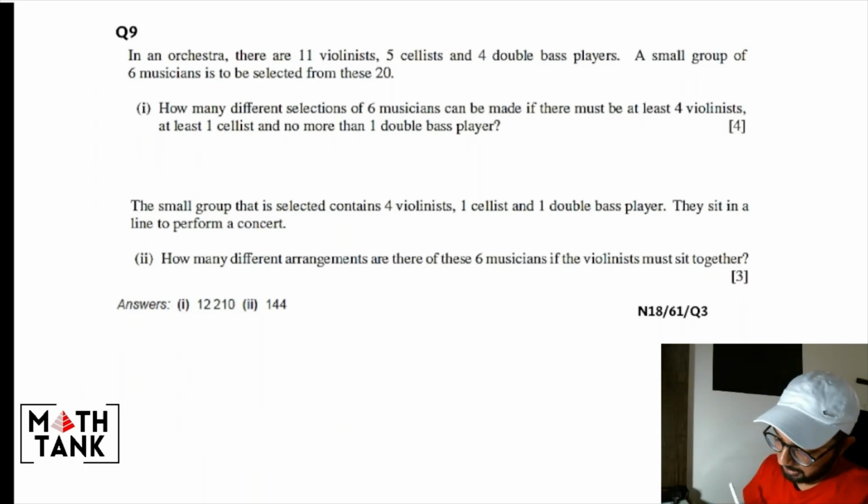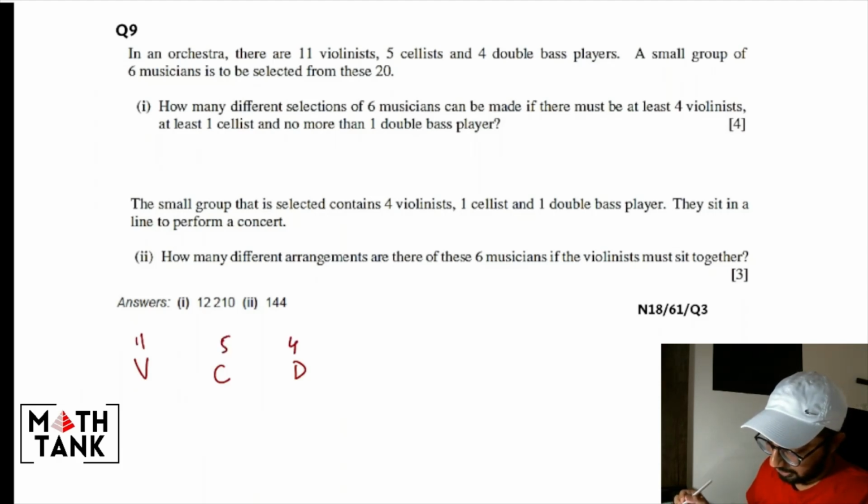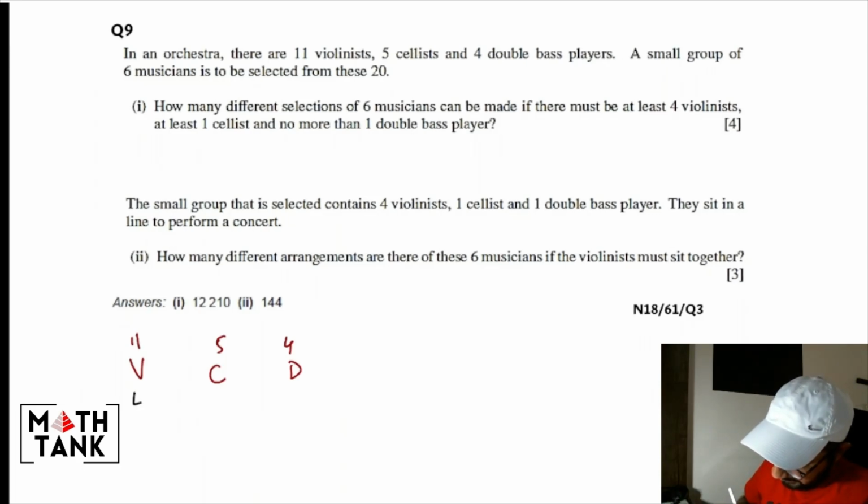Okay, I will need to make cases. Violinists, cellists, double bass players: 11, 5, 4. 6 musicians are to be selected. At least 4 violinists and 1 of each. So 4, 1 and 1.